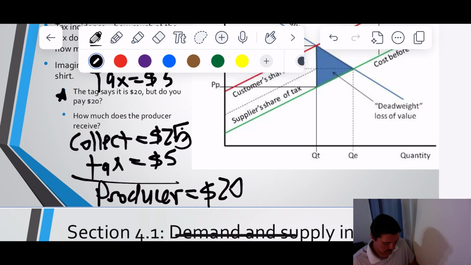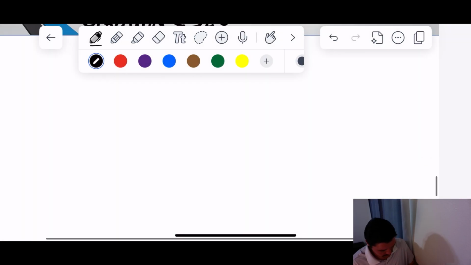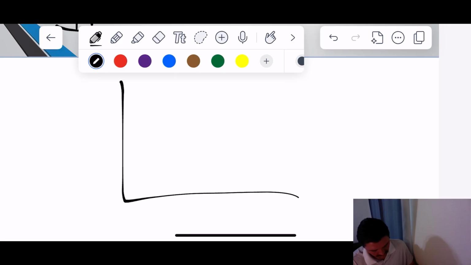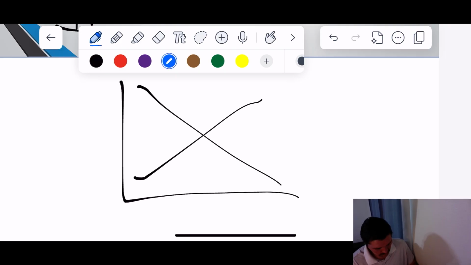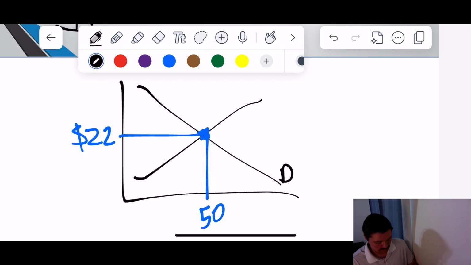Okay, let me show you on the graph how that looks. So before a tax, the market said we'll do $22 for a t-shirt. Okay, that was your equilibrium, and we're selling 50 shirts. Okay, we have our demand for shirts and our supply.